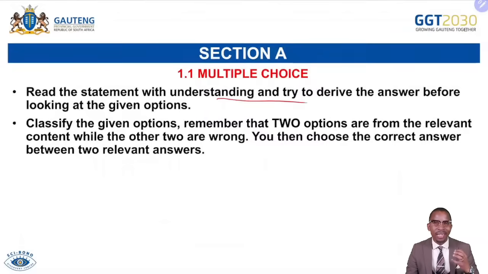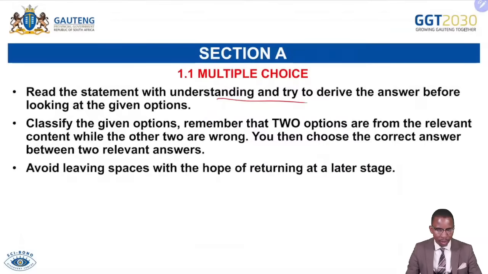Try to relate. Read the statement and understand which context it is. And then you relate. After that, you go and choose the answer, after provoking your mind to give you the answer before looking at the given options. Things will be easier for you in that case. Avoid leaving spaces with the hope of returning at a later stage. Whenever you answer, just try to ensure that you answer.